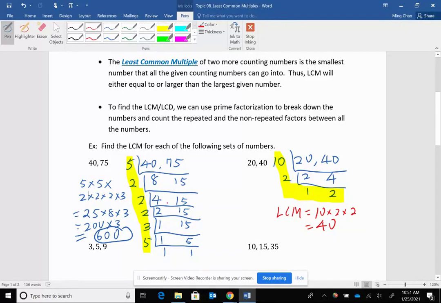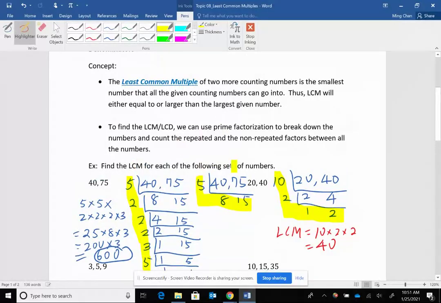All right, so back to the earlier example, when I get to the second step where I need a number on the outside that can go into both of them, when I cannot find it, then I technically could stop there because it will be the same answer. If I stop here, then all the numbers on the outside multiplied together will be my answer.